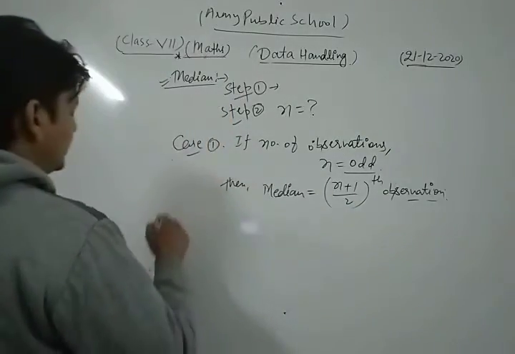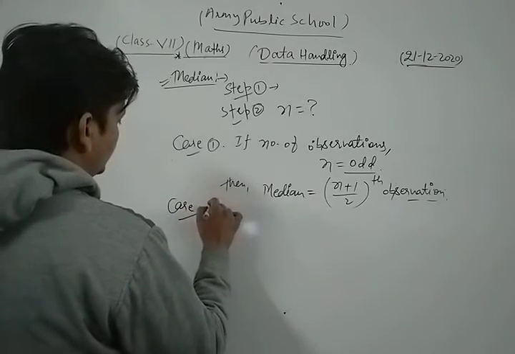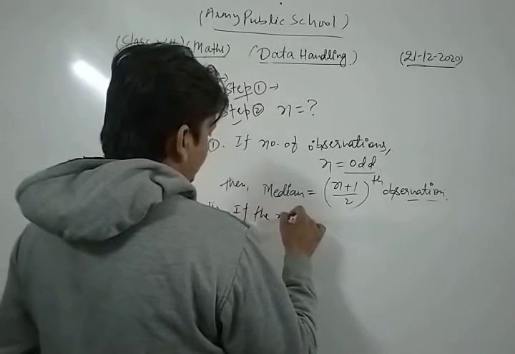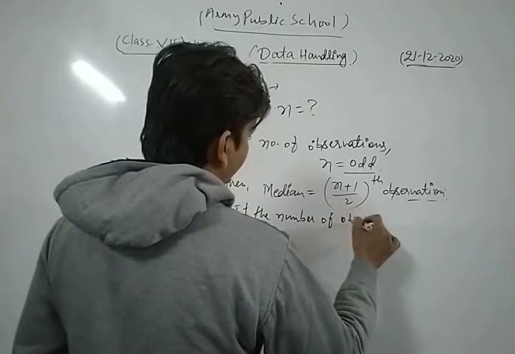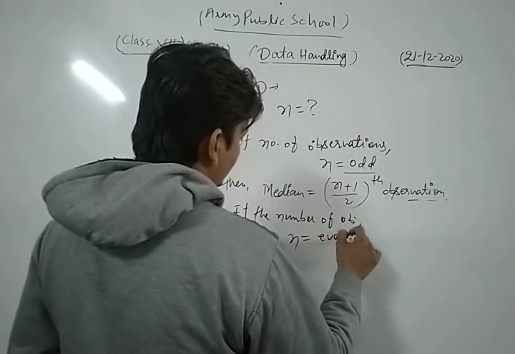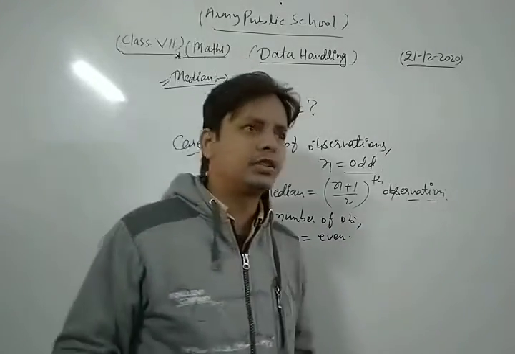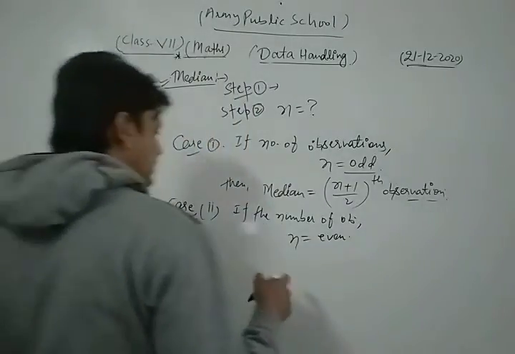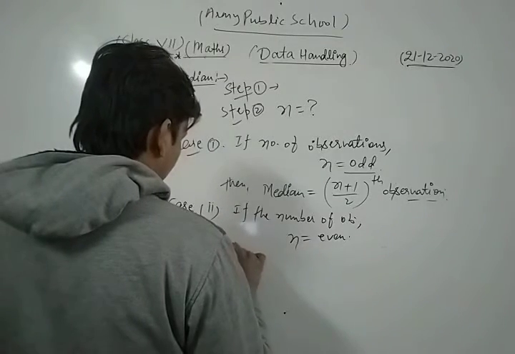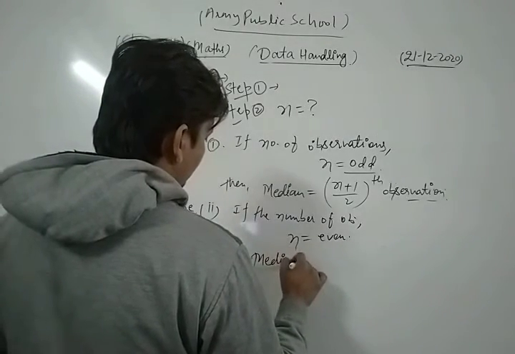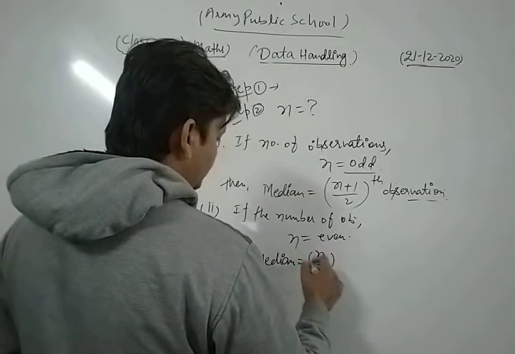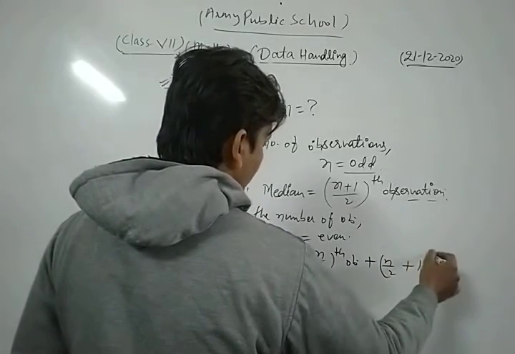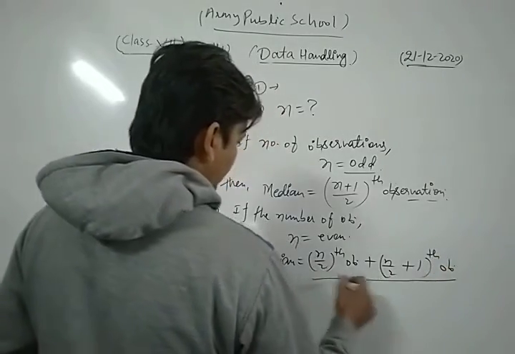Now in case 2, dear students, if the number of observations n is even, meaning the number is divisible by 2, like 8, 4, 10, 12, then the median will be the (n by 2)-th observation plus the (n by 2 plus 1)-th observation, divided by 2.